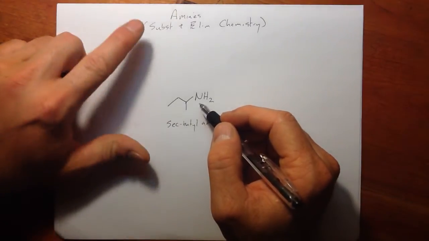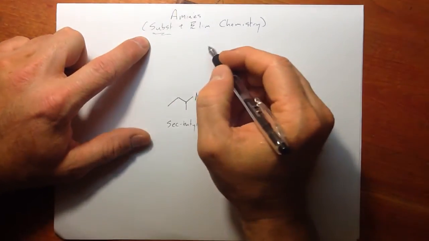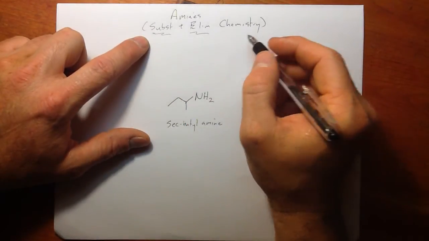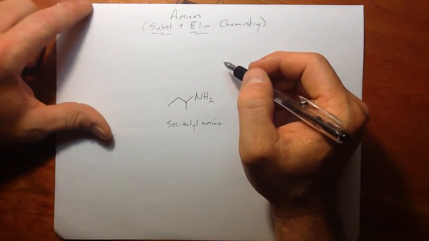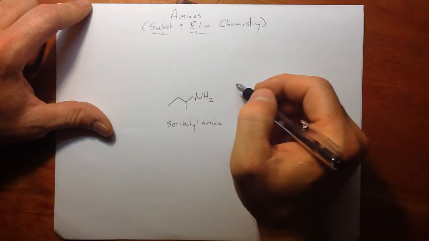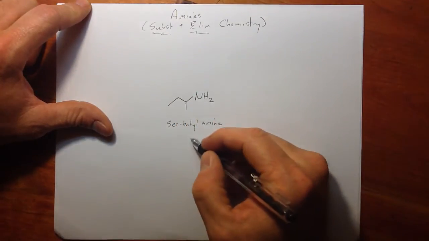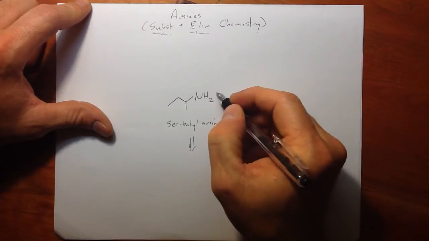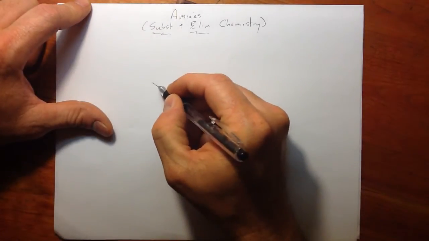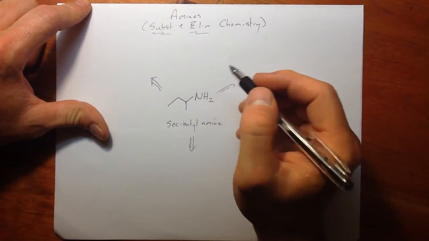All that said, I want to talk about two substitution reactions and one elimination reaction involving amines. So we'll look at the substitution reactions, and then one elimination reaction. The first reaction is sort of a runaway reaction.